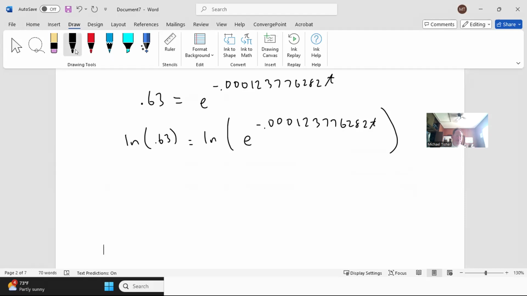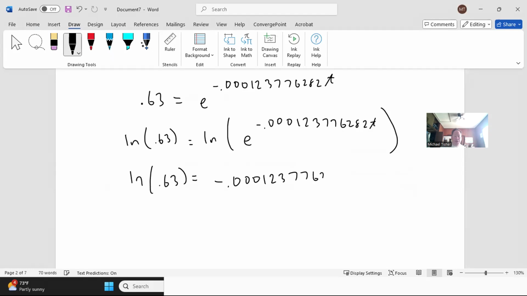Okay, now we'll bring down the ln of 0.63. The ln and e will cancel each other out again. That leaves us with the exponent, which is negative 0.0001237. And now we'll divide both sides by that number.